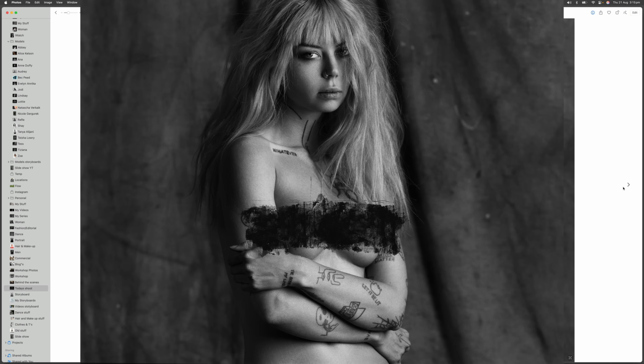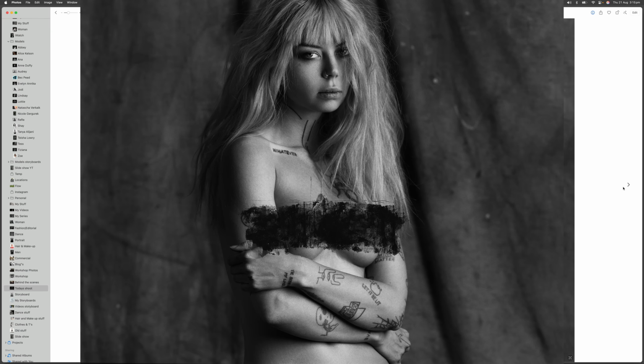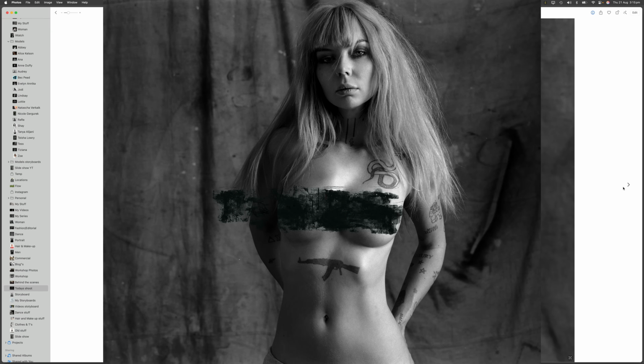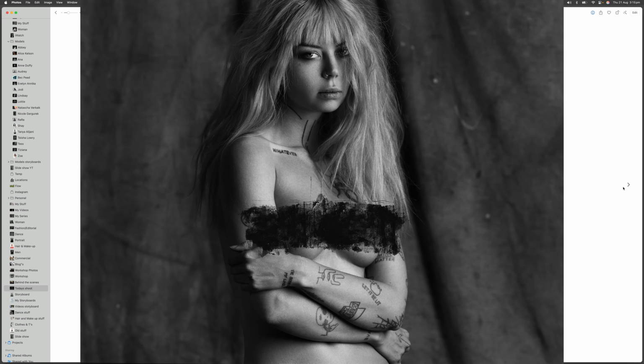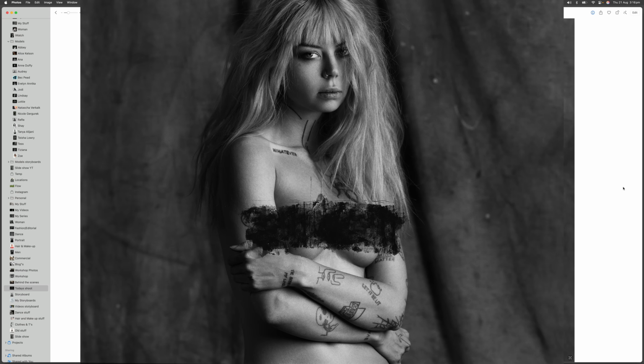But then we get to these two pictures, and to most people they look fairly similar. People think it's shot on the same camera, same lens and all of those things. So this picture here was taken on my Hasselblad H6D 50C. It was shot with a 300mm lens at f8 and 1/160th of a second, also 100 ISO.